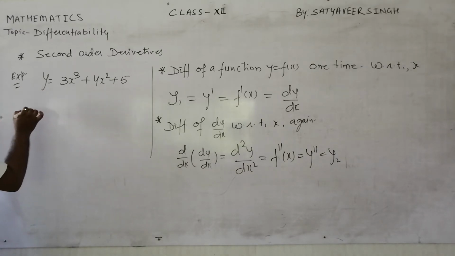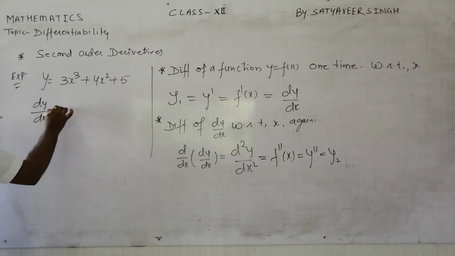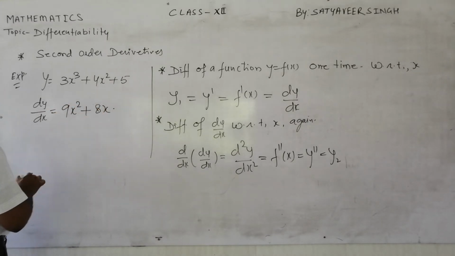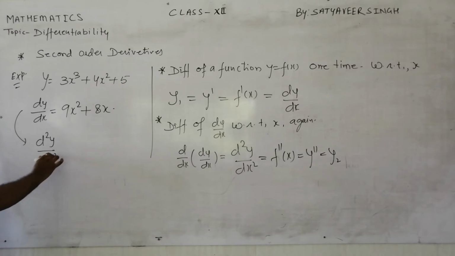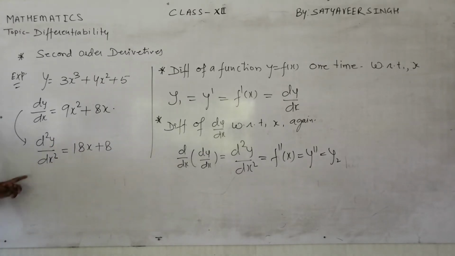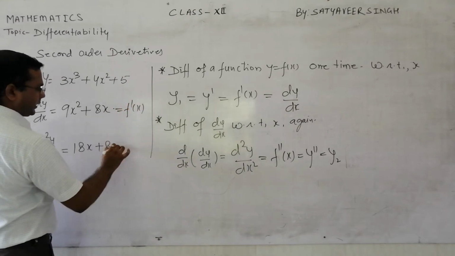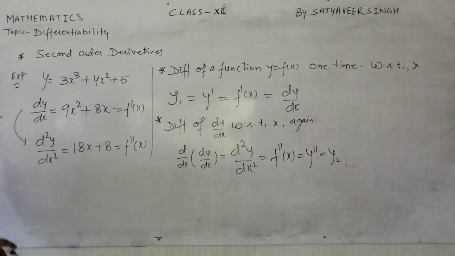First of all we find dy by dx, which is 9x square plus 8x. Then once again if you differentiate, you will find d2y upon dx square is 18x plus 8. So this is the second order derivative, and this is the first order derivative. You can call this f dash x, and this f double dash x. So I hope it is clear.